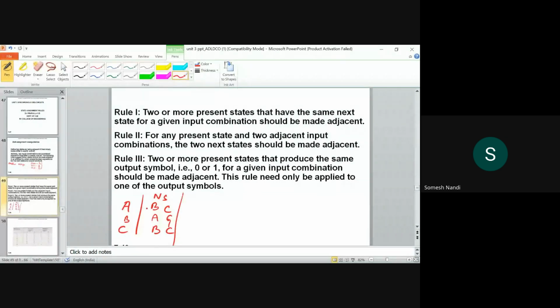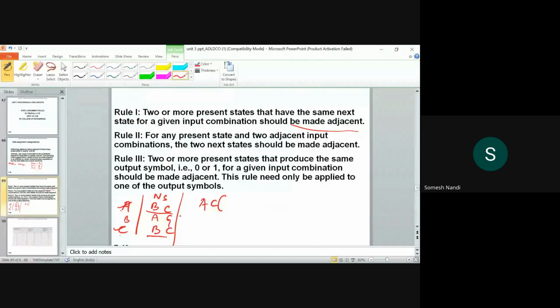So here, if you see, state A and state C both have the same next state. Look here: 2 or more present states that have the same next state for a given input combination should be made adjacent. So here, you can make A and C adjacent. Are you getting it? So this is state assignment rule 1.